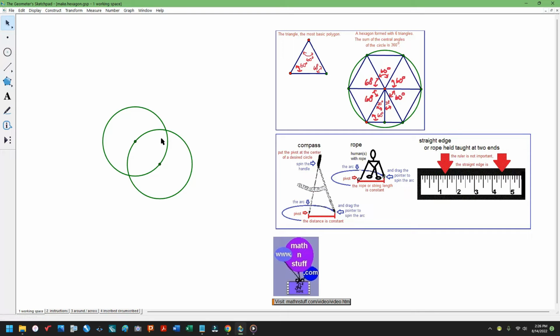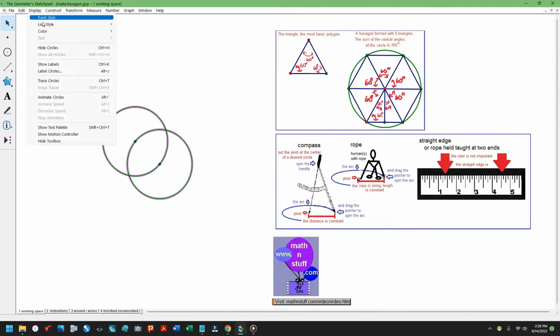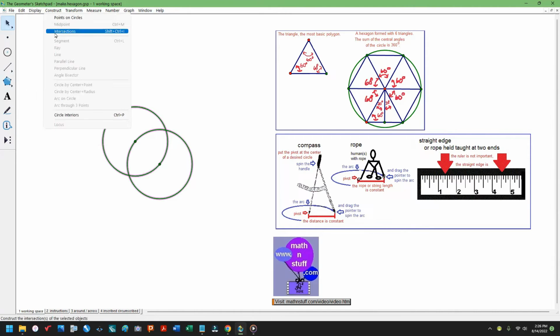Well, I now have two important intersection points. I'm going to mark both of those. It built the two intersections for me.